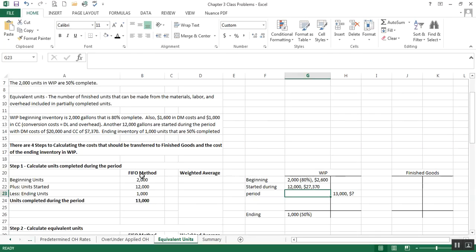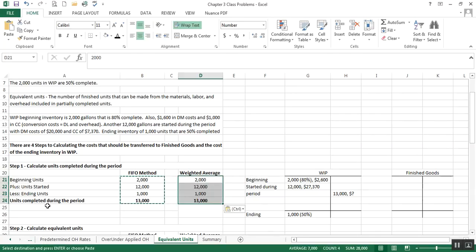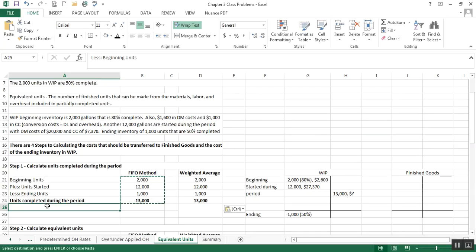That's our objective. So this part right here is going to be the same for both methods. However, for the FIFO method, we have an additional step. So if you remember from the book, the FIFO method assumes that everything in beginning inventory will be finished, completed, and moved over to finished goods.